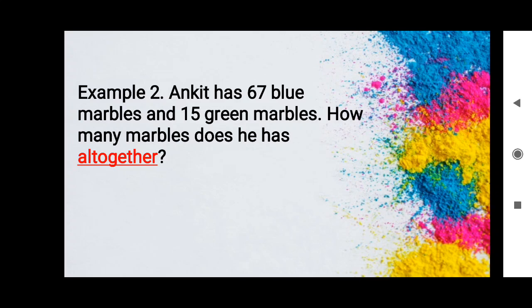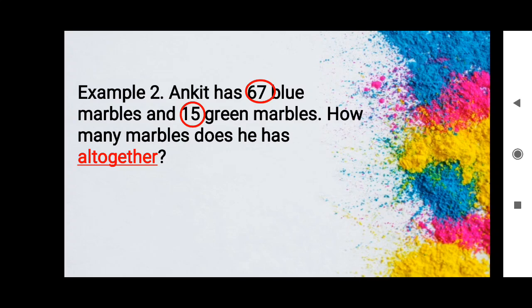Now what is the next step? I will circle the numbers. Here we have 67 and 15. Now what is the next step? I will formulate statements based on the numbers that I have circled.